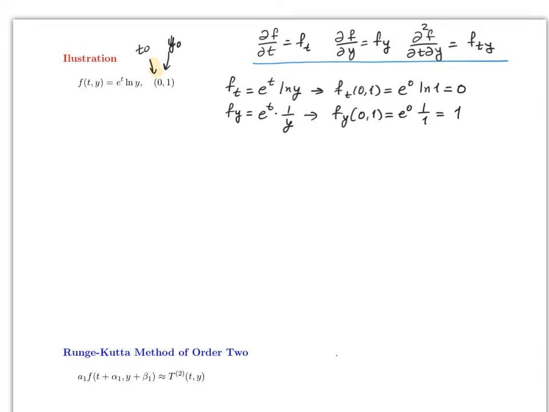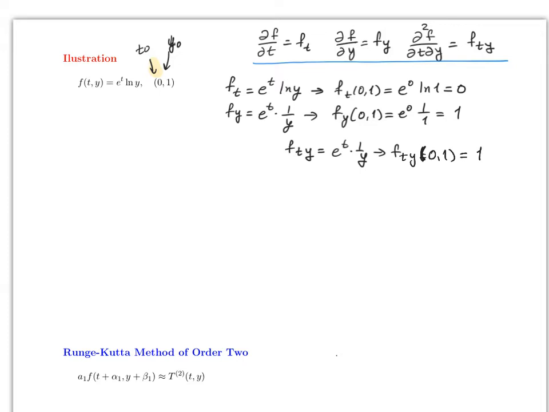Then if we do the derivative with respect to t and then with respect to y, this will give you e to the t ln y, which again, if you evaluate f_ty, let me fix this part, f_ty evaluated at the point (0, 1) is again just equal to 1.